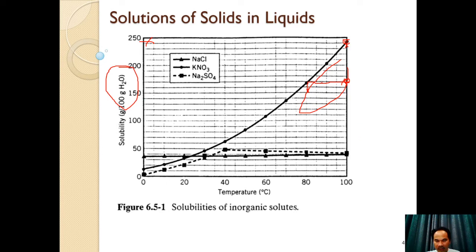Also, if we prepare a concentration of only about 170 gram per 100 gram water at 100 degrees Celsius, and then you cool the temperature, at this point it's undersaturated, not saturated. If you cool until about 80 degrees Celsius, the concentration of 170 is undersaturated at 100 degrees Celsius, but it is at equilibrium, or saturated, at 80 degrees Celsius.